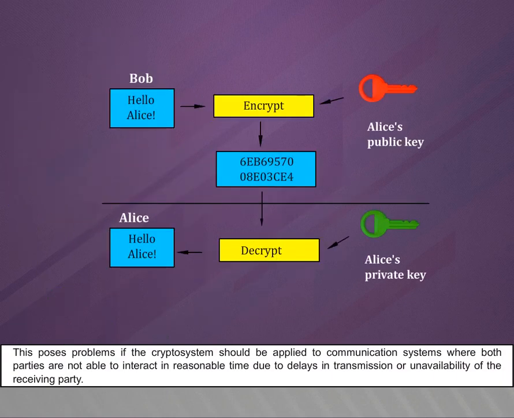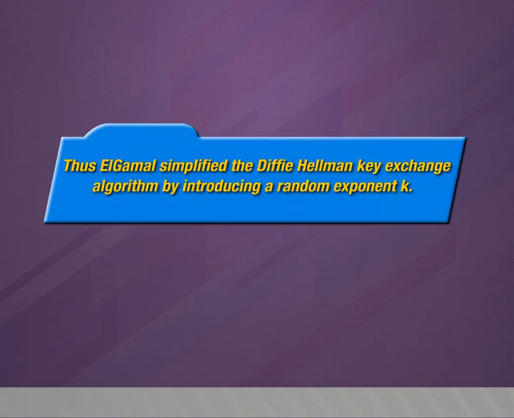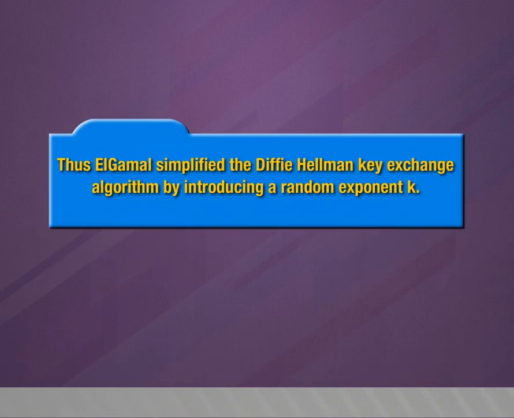This poses problems if the crypto system should be applied to communication systems where both the parties are not able to interact in reasonable time due to delays in transmission or unavailability of the receiving party. Thus, El-Gamal simplified the Diffie-Hellman key exchange algorithm by introducing a random exponent k.